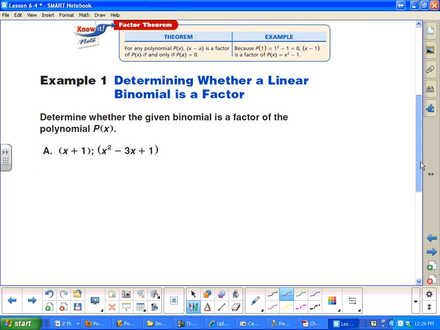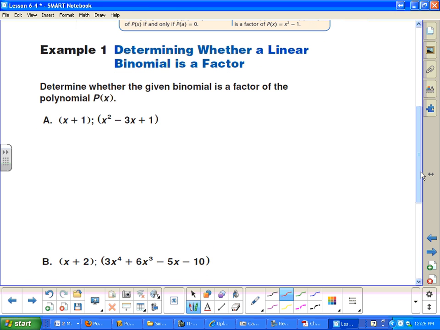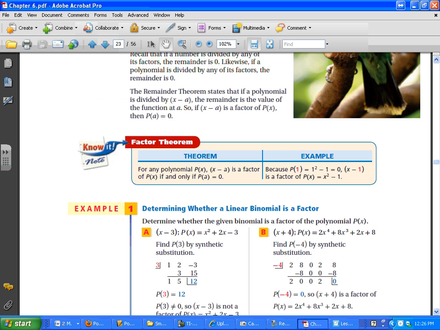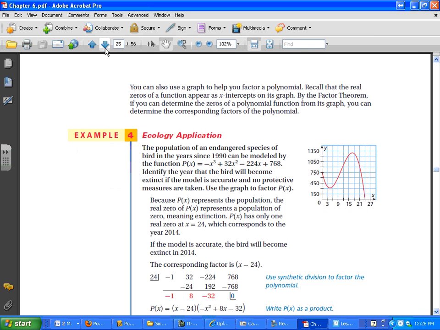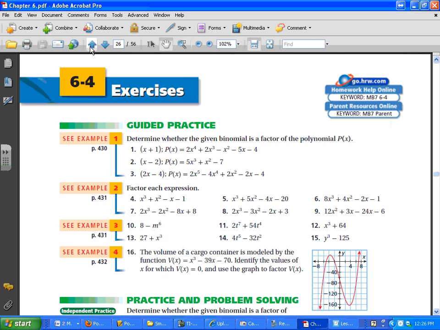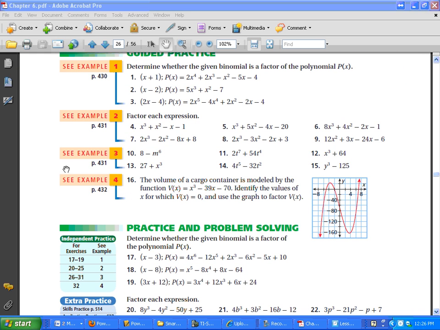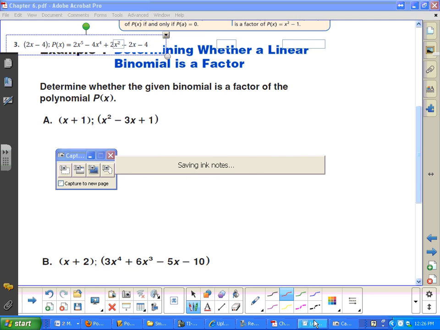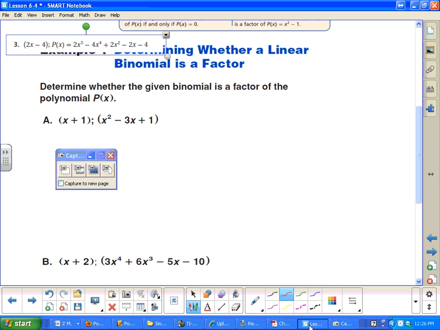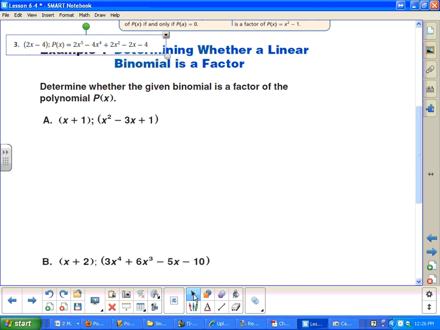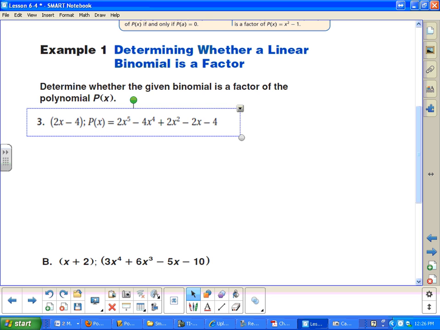All right, so we'll do number 3 instead of doing one of these. What we want to do is find out if 2x minus 4 is a factor.